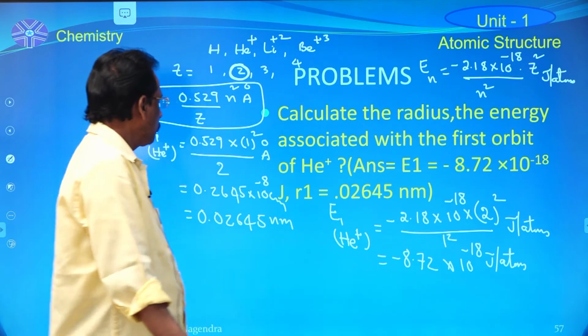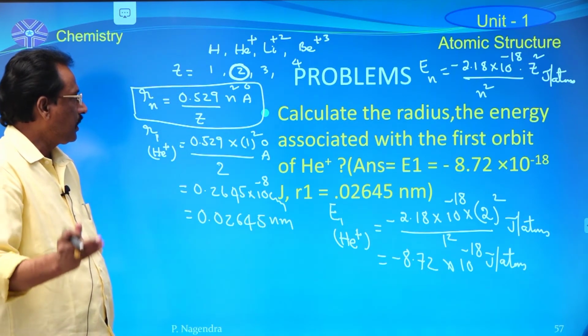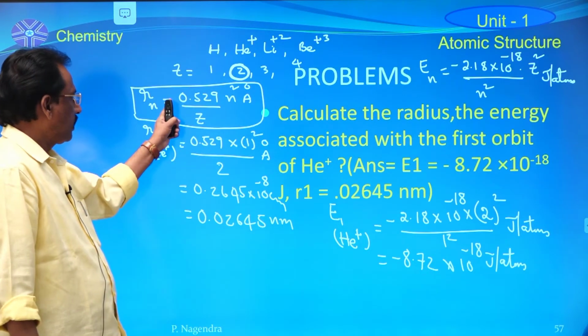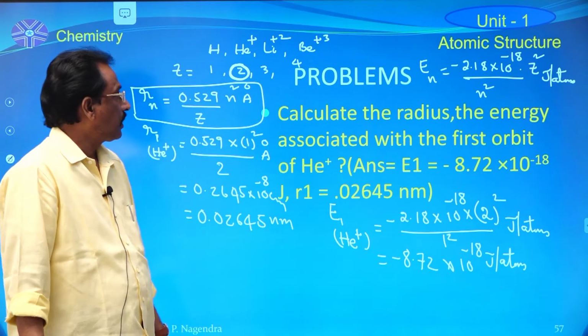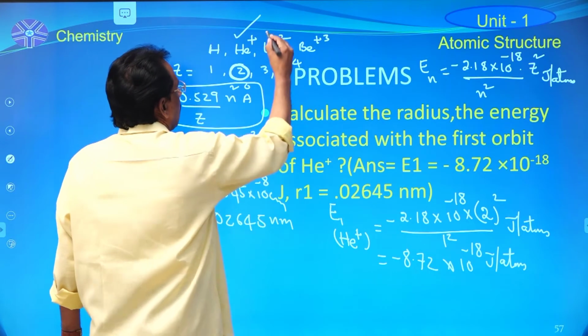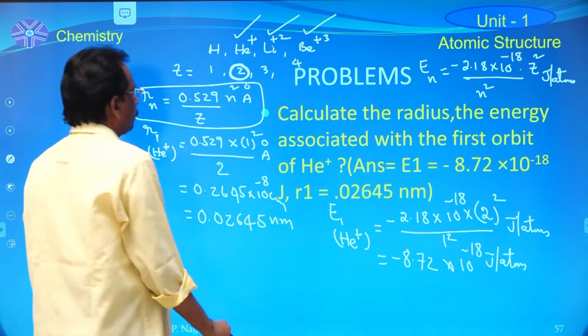So Bohr's theory is applicable to hydrogen like ions also. That's why these two formulas are also applicable to hydrogen like ions like He plus, Li plus 2, beryllium plus 3.